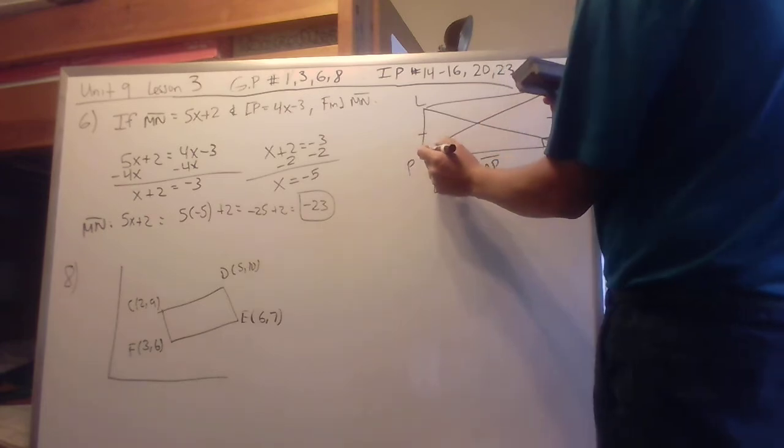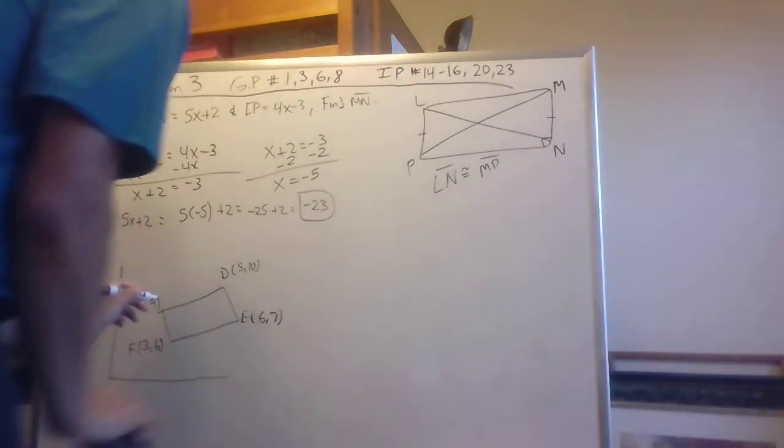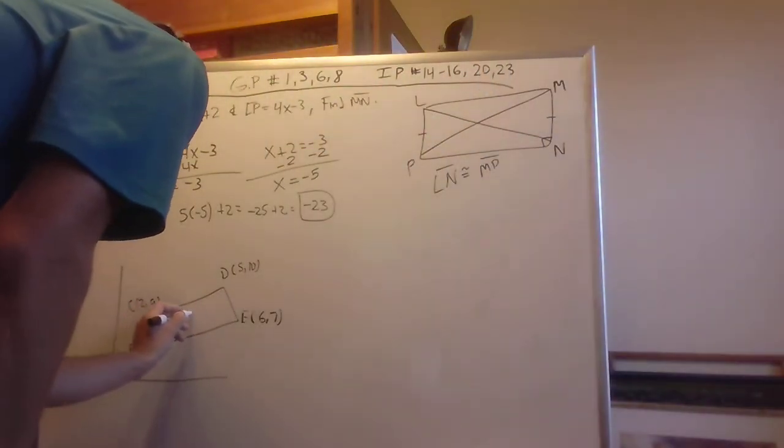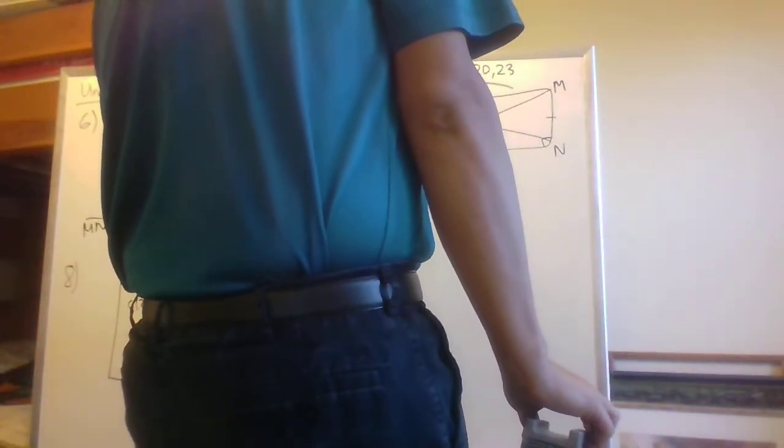So if these diagonal lengths are the same, we know that it's a rectangle. So essentially, what we're going to do is use the distance formula to find the length of each diagonal. So we're going to say EC, we're going to find that length.